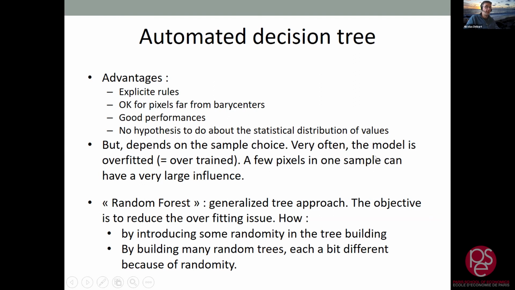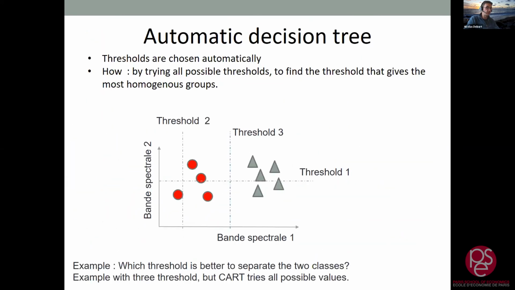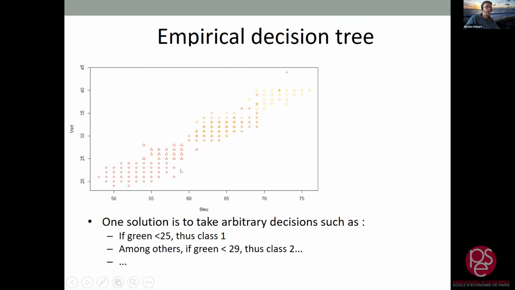method. But it depends very strongly on the sample choice. And very often the model is overfitted, which means it is overtrained. It's like a few pixels in one sample can have a very large influence. What I mean here, if I come back to my slide, if I have in this class a small group of pixels like the triangle here, a lot of rules will be added when the tree is being built up in order to correctly classify them.